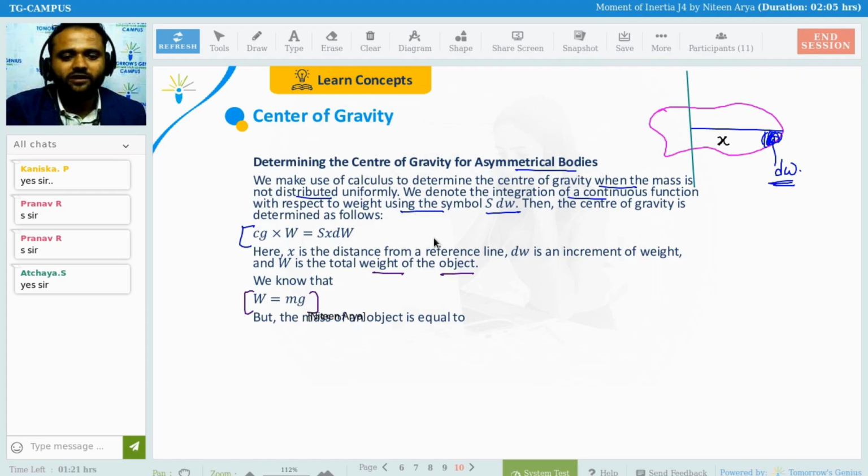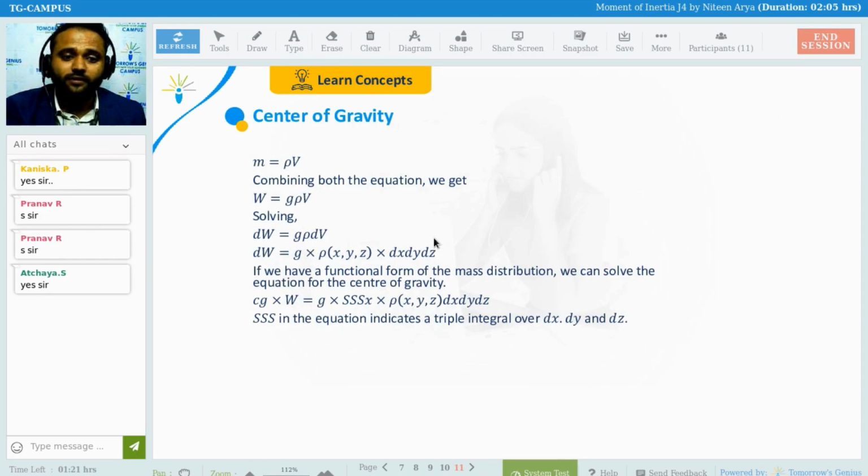So we know that W is nothing but mg, mass into gravitational acceleration. If the body has mass m, the mass of an object is equal to rho dV, where rho is density and V is volume.